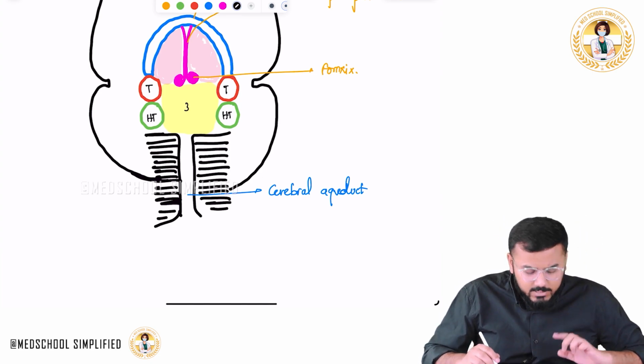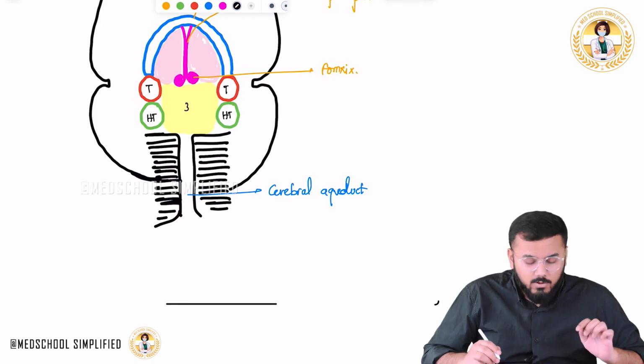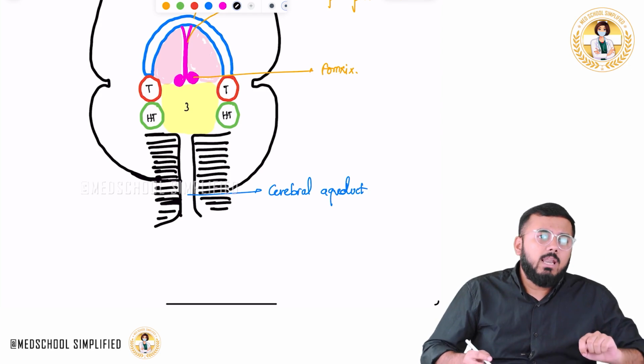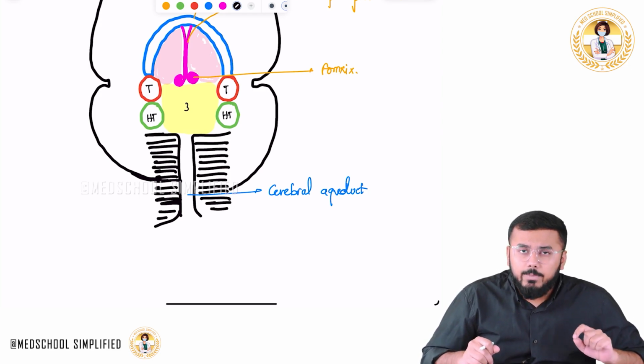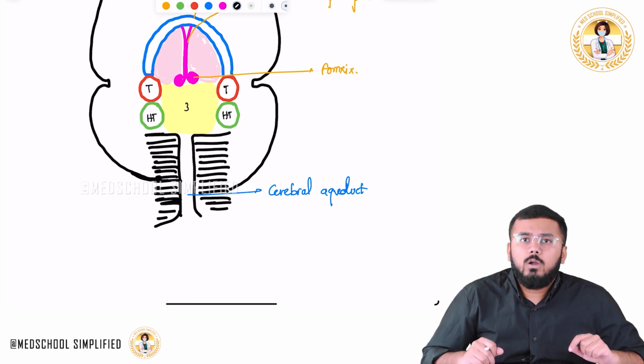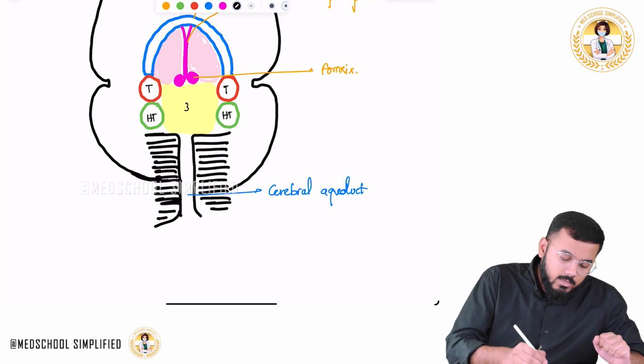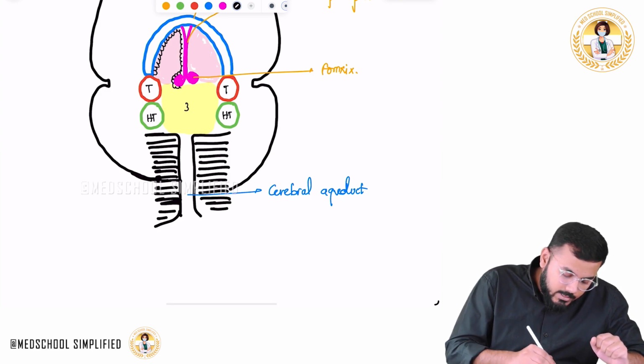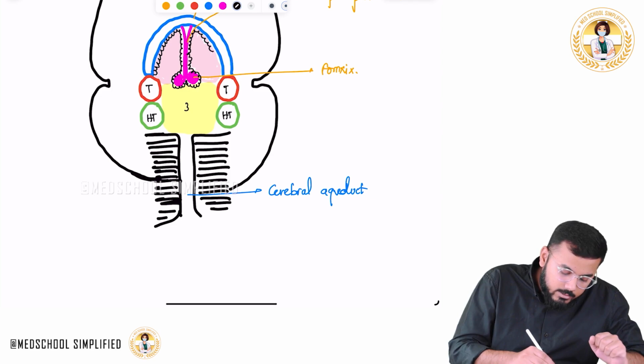Now, if this is the third ventricle, and these two are the 1st and 2nd ventricles, the ventricles inside have to be lined by some epithelium. The epithelium which is lining the ventricles is called ependyma.